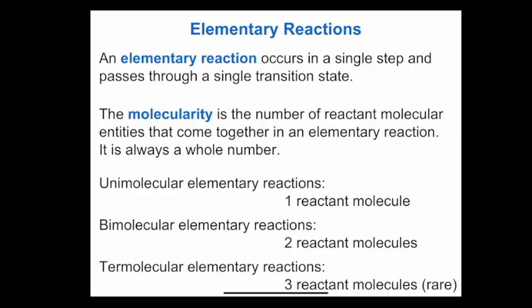So a unimolecular reaction has one molecule of a starting material. One thing turns into other stuff. Bimolecular, two molecules have to react with each other, A and B. Termolecular, three things have to collide together in one transition state.